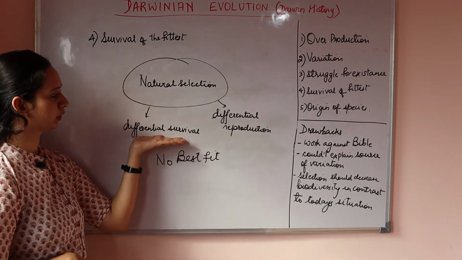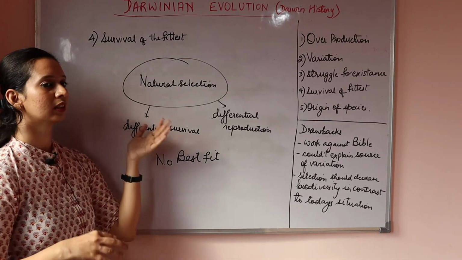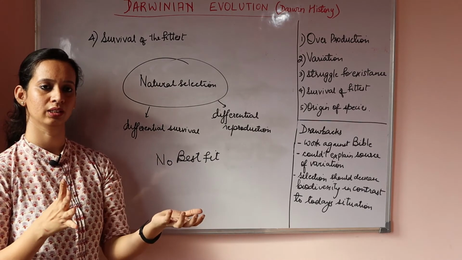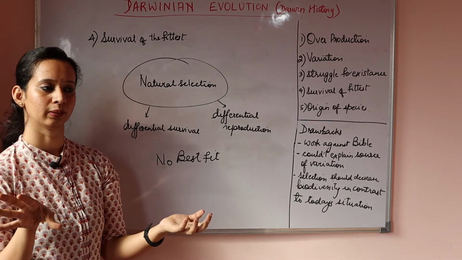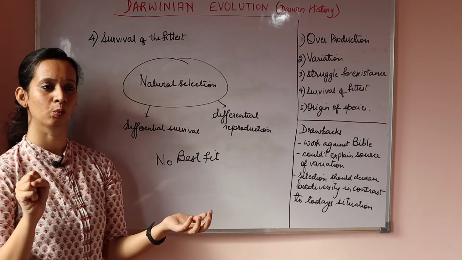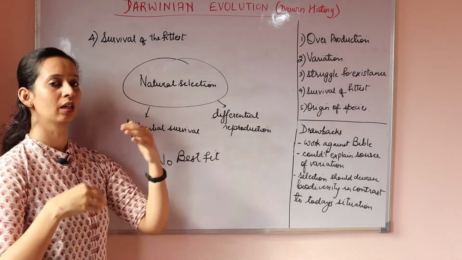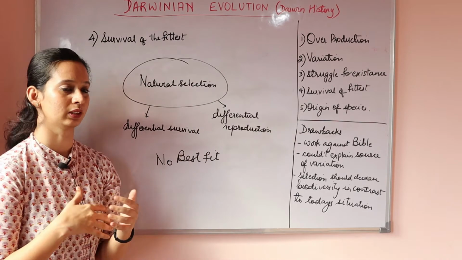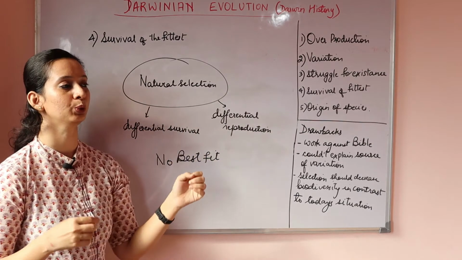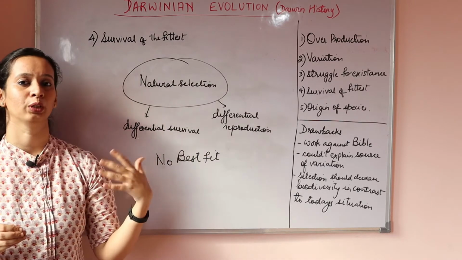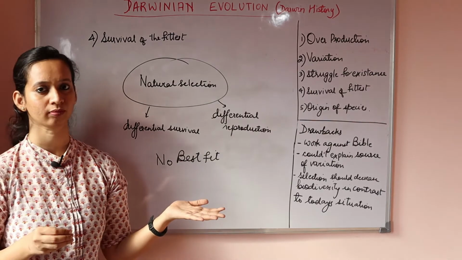So differential survival means having traits which are different from others and which make it stronger or more adaptable to the situation, and differential reproduction means a species which has the capacity to reproduce even in the face of any kind of reproductive barriers.